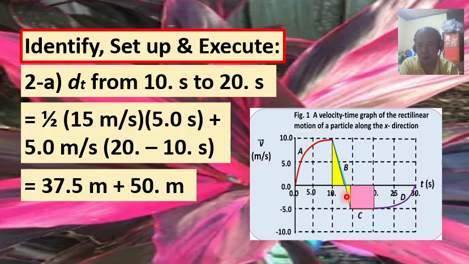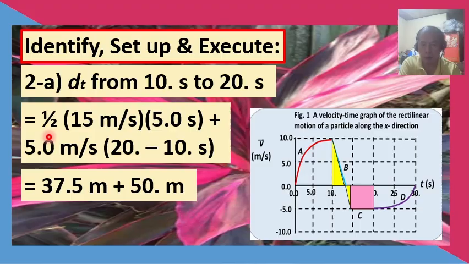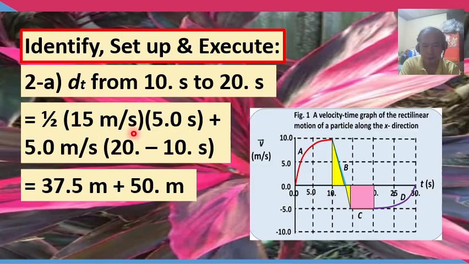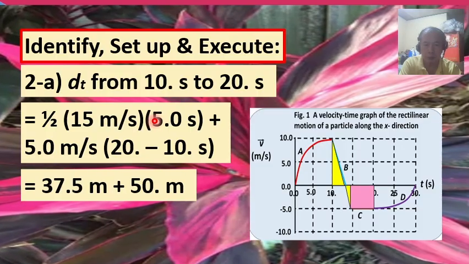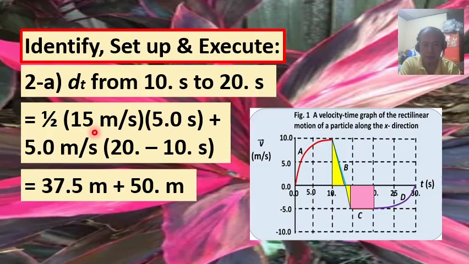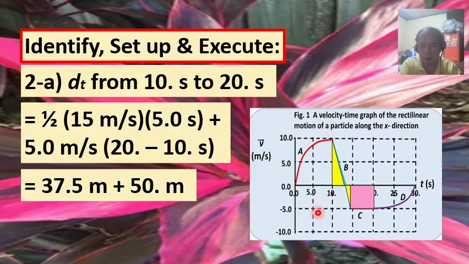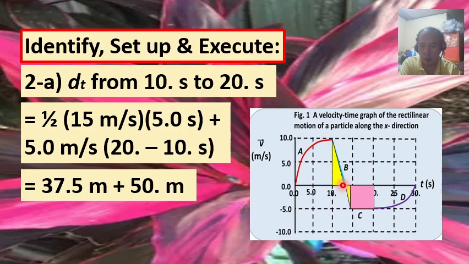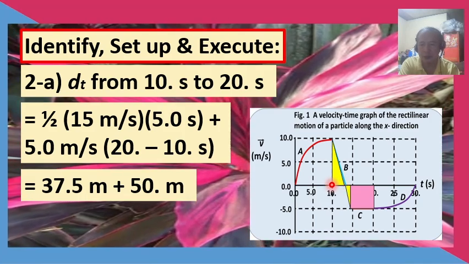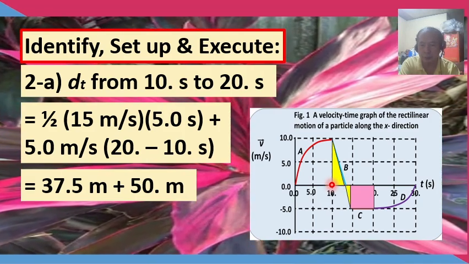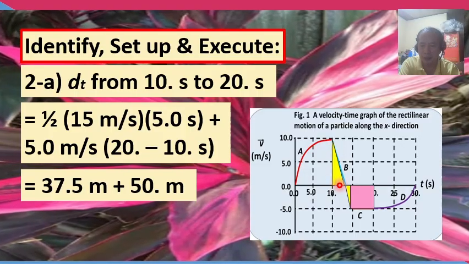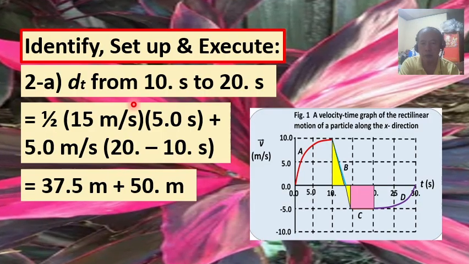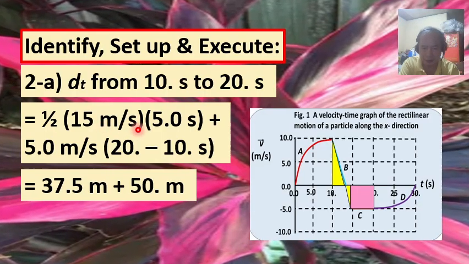So in the case of the two triangles, that is equal to 1/2 multiplied by 15 meters per second, and then multiplied also by 5.0 seconds. 15 meters per second here is the combined change in the magnitude of their corresponding heights: 10 meters per second for the bigger triangle and 5.0 meters per second for the smaller triangle, for a total of 15 meters per second.